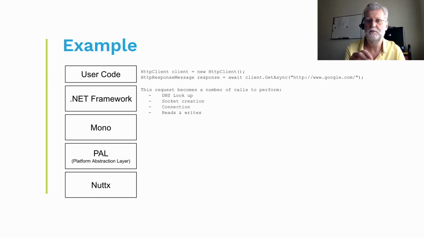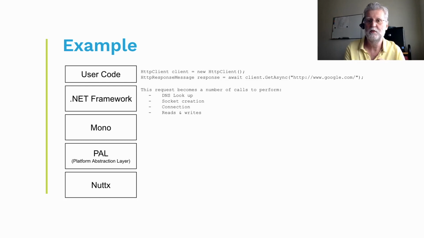So the Mono system will process the GET request and decompose that into a number of lower level requests. So in the case of getting Google's homepage, you are looking at working out where Google is, so what its IP address is, making a connection through to the server, opening a socket, reading and writing data, and so on.